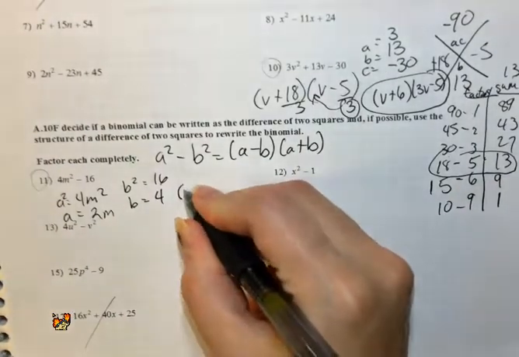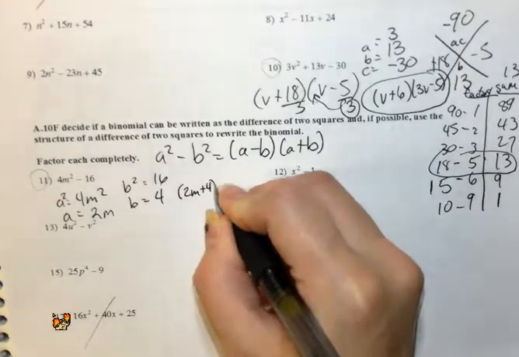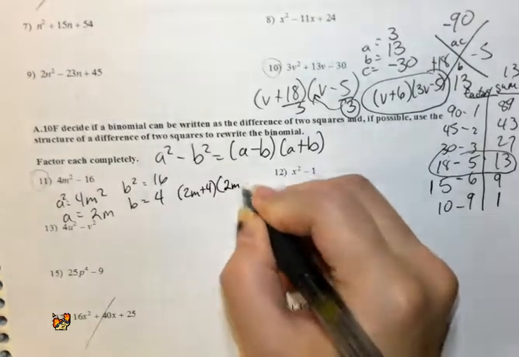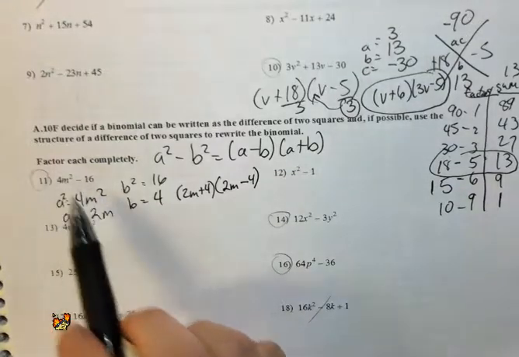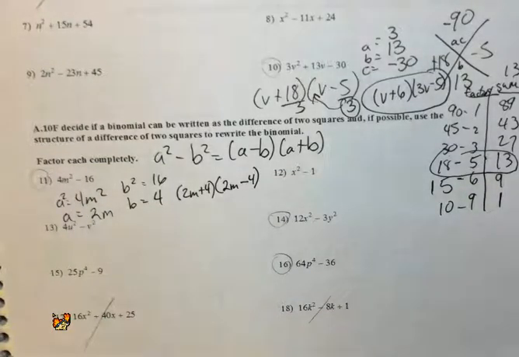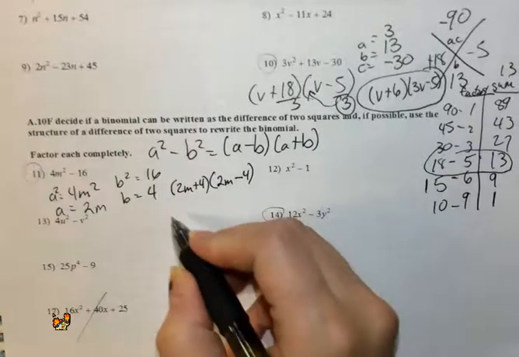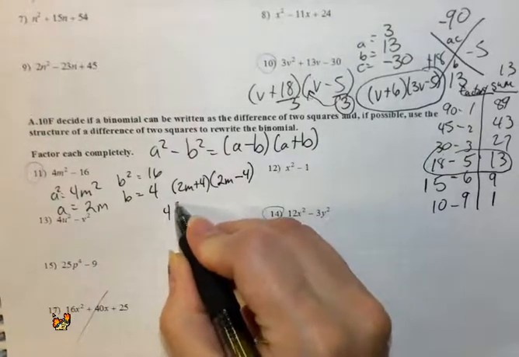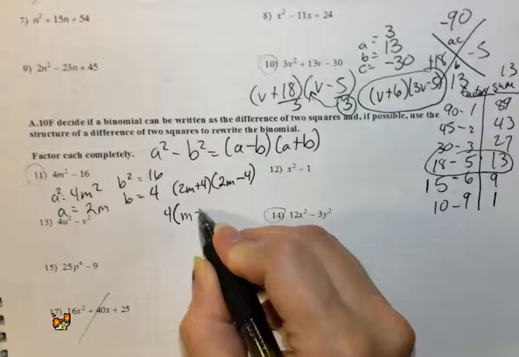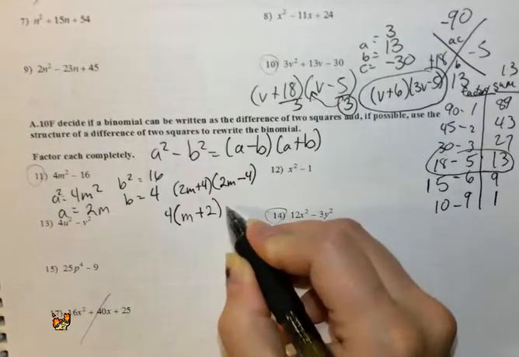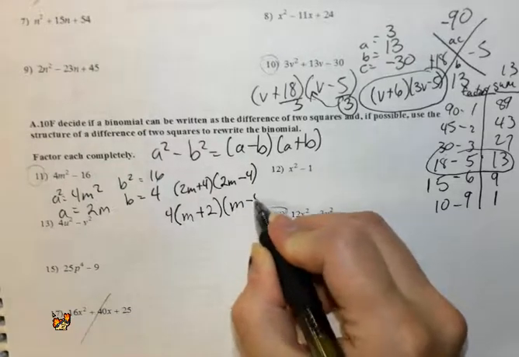So we have 2m plus 4 times 2m minus 4. Notice we could also factor out something here first. So it'd also be acceptable to put this as your answer: 4 parentheses m plus 2 and m minus 2.